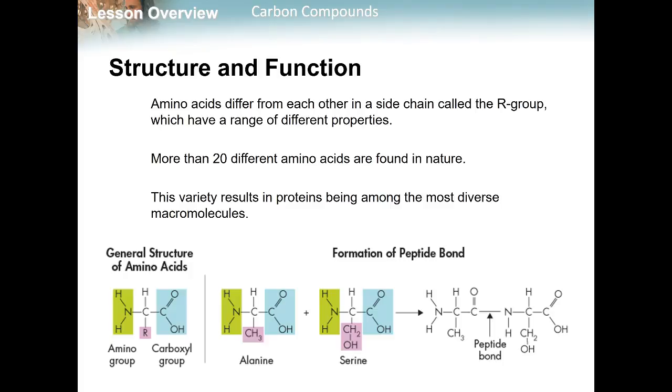So as I said to you, there are more than 20 different amino acids that are found in nature. And the variety of putting these in different orders comes up with the diversity that you see within all of the life that you see on Earth, from plants to insects to animals and so forth.